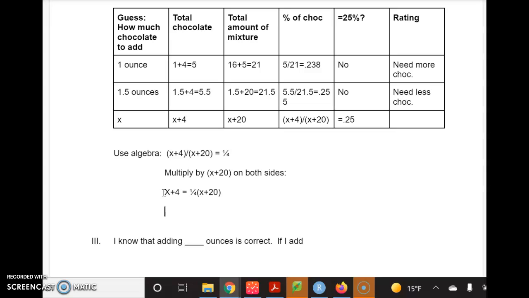If you do the algebra here, I'm not going to do it just because you can do it. X ends up being 4/3 of an ounce. Whoops, X equals 4/3 ounces. So I know that adding 4/3 of an ounce is correct. So 1.333 ounces, right?